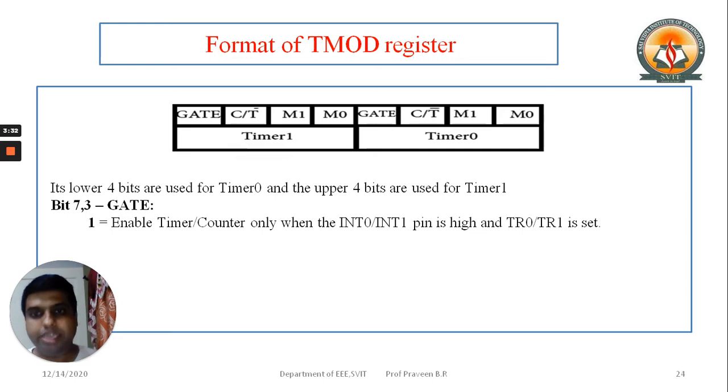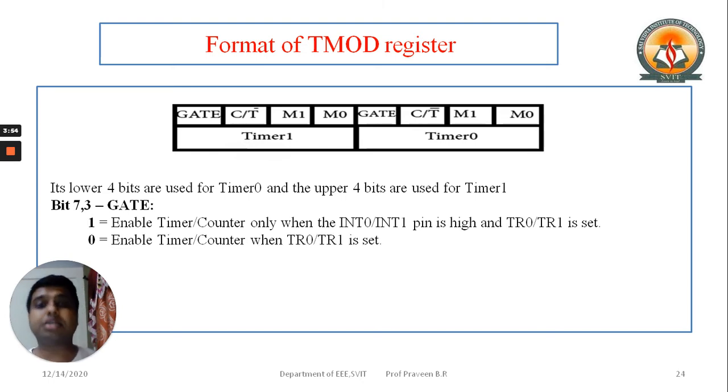Mode 0 is known as the 13-bit timer mode. What does this 13-bit timer mode do? It is a mode in which it is split into 2: one is 8 bits and the other is 5 bits. So this is called a 13-bit timer.